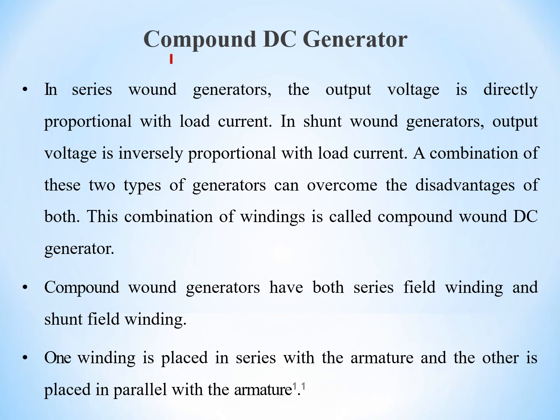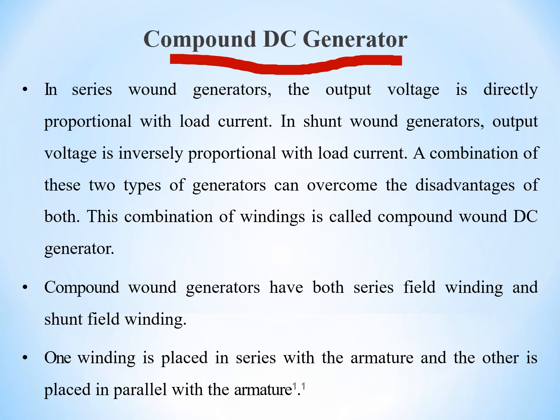And the compound generator is a combination of both the series and the shunt field winding. In a series wound generator, the output voltage is directly proportional to the load current. In a shunt wound generator, the output voltage is inversely proportional to the load current.